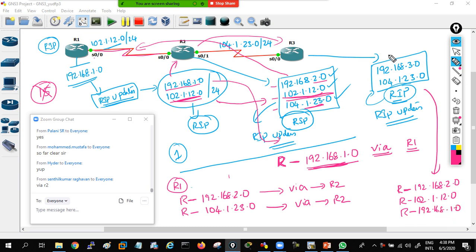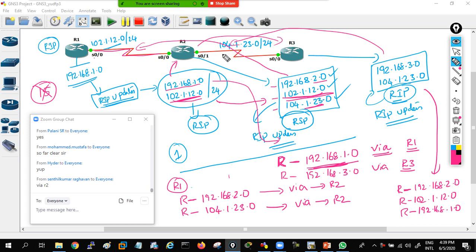Then Router 3 will send its updates to Router 2. Then what will Router 2 do? It receives 192.168.3. Do I know this? I don't know, let's keep it in my routing table: 192.168.3.0 via R3. And do I know about 104.1.23? Yes, we are directly connected.